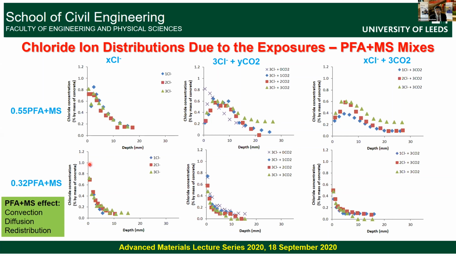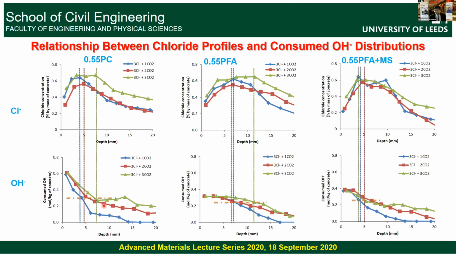So overall, we thought, okay, let's see the relationship between chloride profile and consumed hydroxyl distribution. The first set of graphs is the chloride, the second set is the hydroxyl ions.